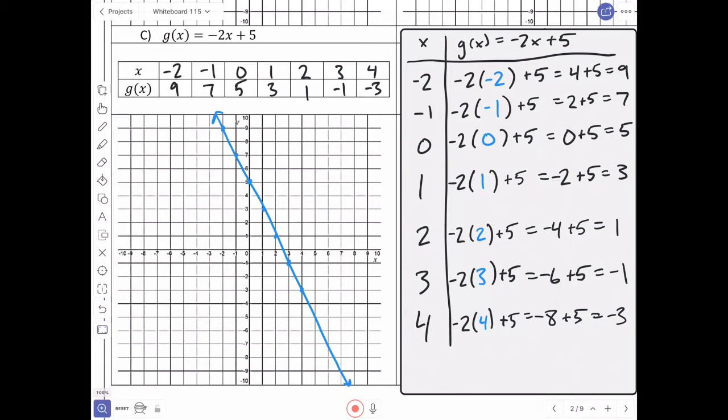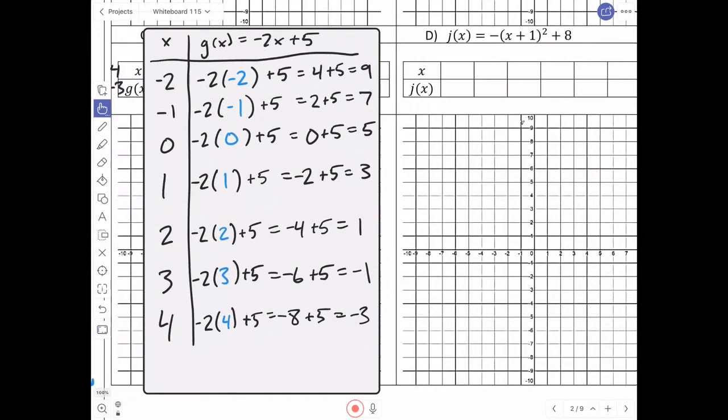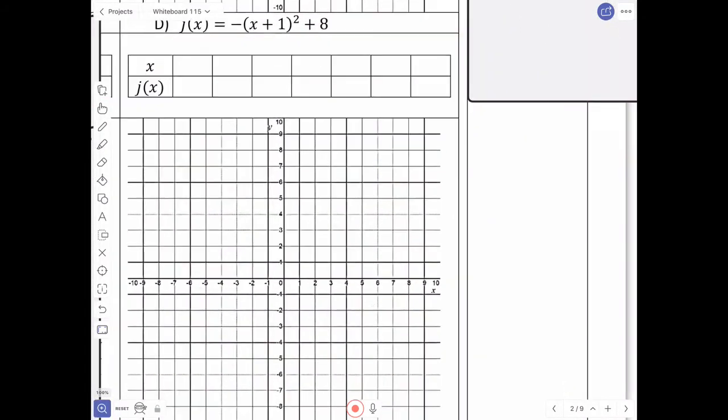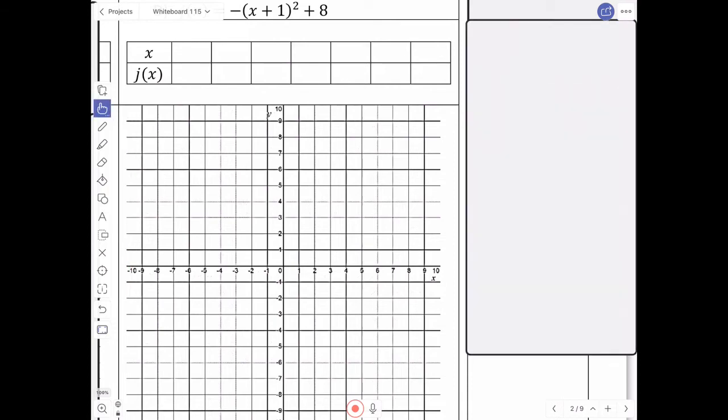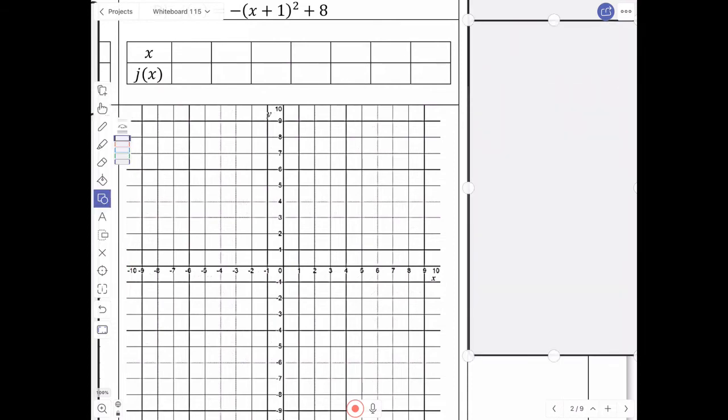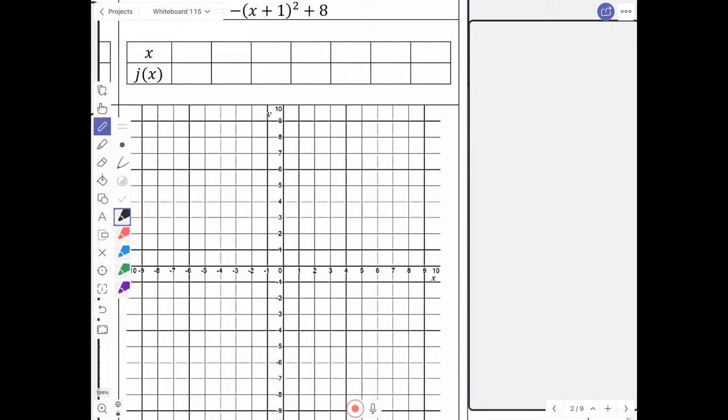Okay, and let's get the last one, d. And again, I'll make some workspace over here. And I'll choose some x values. Here, I'm seeing that if I plug -1 in, that would give me 0 squared. So I want some values that are less than -1 and some values that are more than -1.